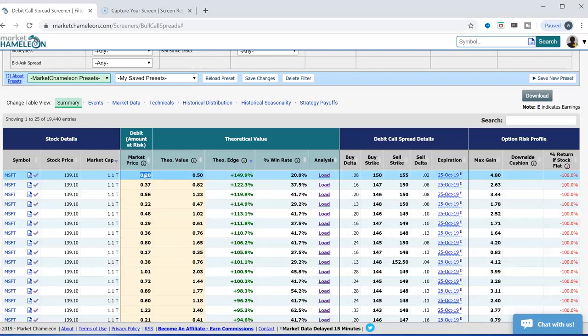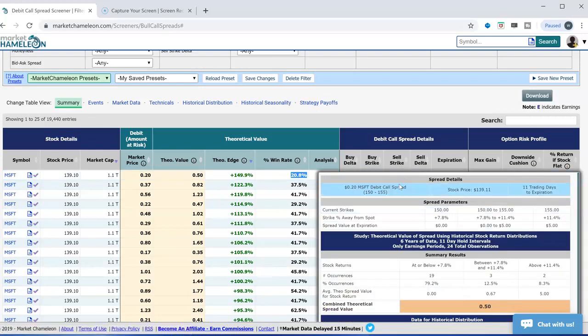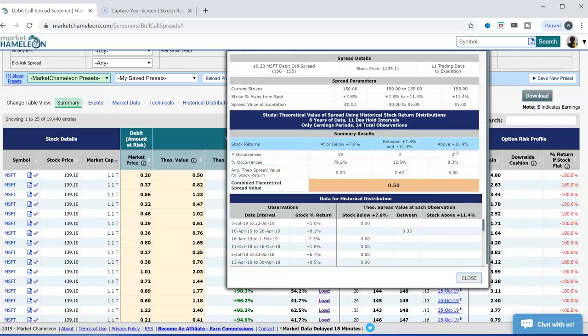Now it's 20 cents, and if you did it at 20 cents, then historically your win rate, or the amount of times that it was higher than 20 cents, was 20.8%. Let's take a look at that really quickly. As you can see, 8.3% of the time it would have been at $5, 12.5% of the time, 67, and 79.2% of the time it ended up being 0.